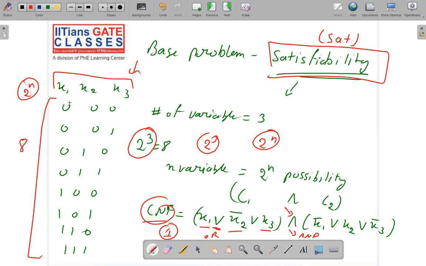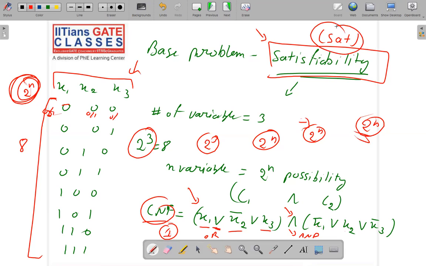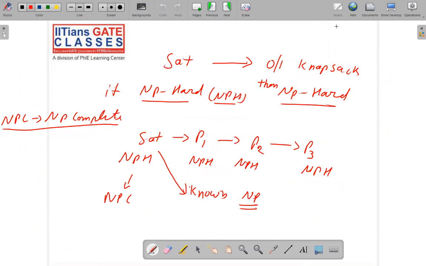Why? Because each variable takes 0 or 1. So you will try 2 raised to power n times to satisfy this CNF. So how much time will it take? 2 raised to power n time. So this is the satisfiability problem, or SAT problem.